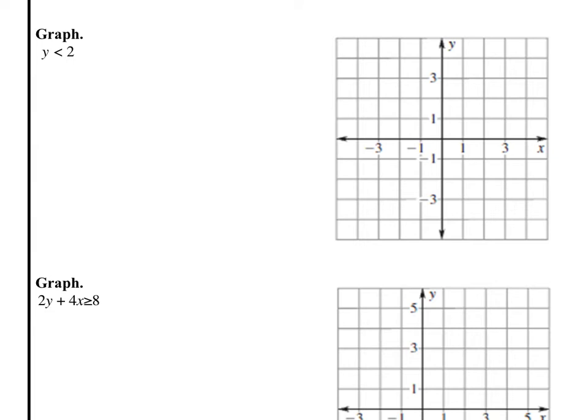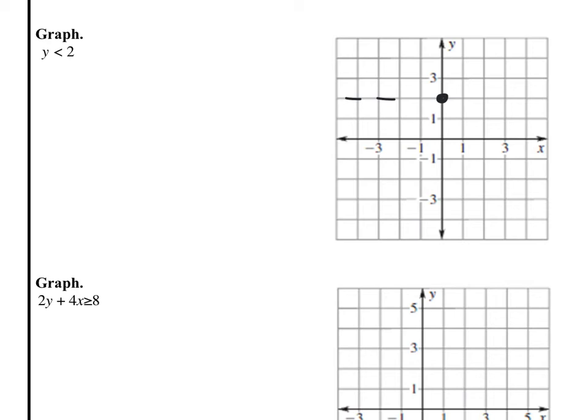Next one is a little different. It's a special line, y is less than 2. This is really similar to the line y equals 2. Basically the same. So I put a point at 2, and I'm drawing a horizontal line through it. But here's the thing, it's less than. So I need to draw a dotted line because it's not equal to 2.